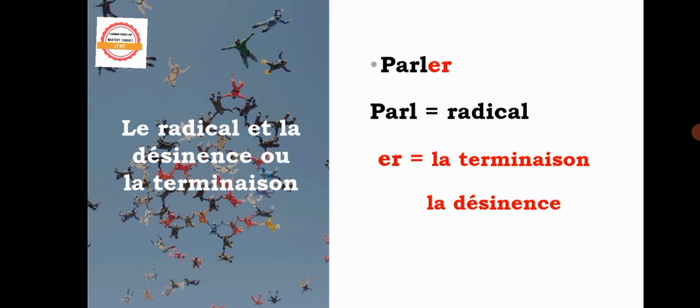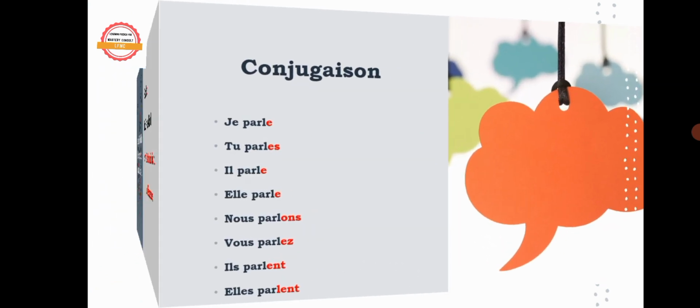That ER is what we call la terminaison or la désinence, which is the ending. When you take la terminaison ou la désinence, that is the ER, the remaining is what we call le radical. You know, the infinitive form of a verb is the default form of that verb. Default means the form of that verb before it is conjugated to a particular given tense. Le radical et la terminaison ou la désinence.